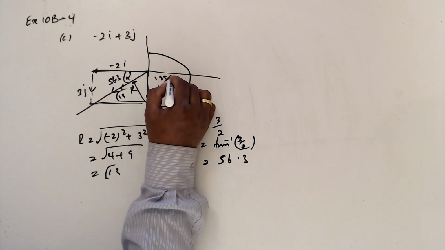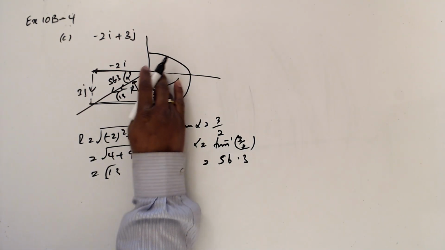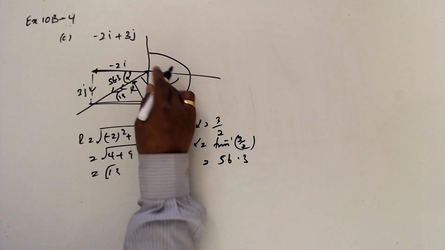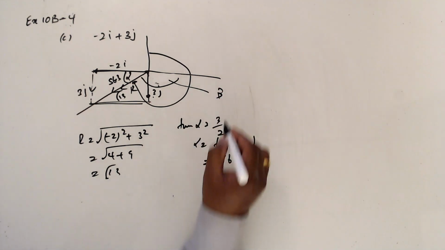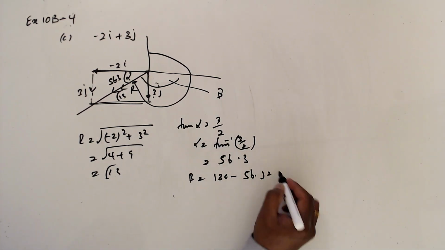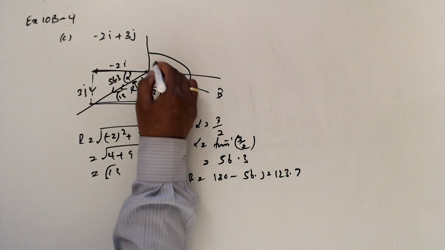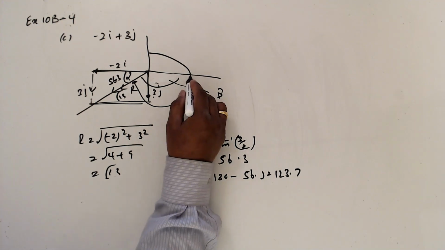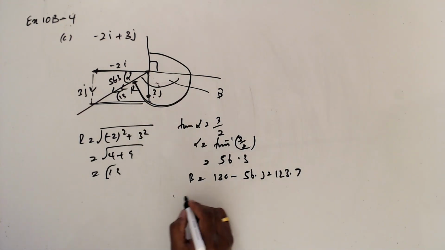This is 135. This is 180. Let's say this is beta. Beta is 180 minus 56.3, 123.7. We write it as a bearing, this is 123.7 plus another 90.